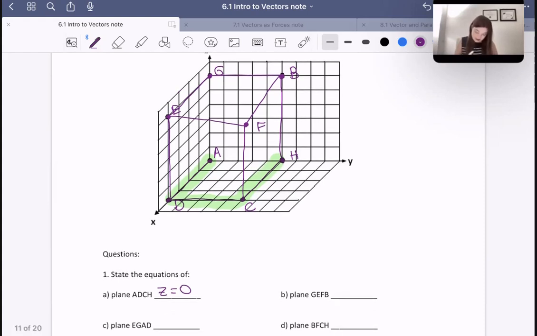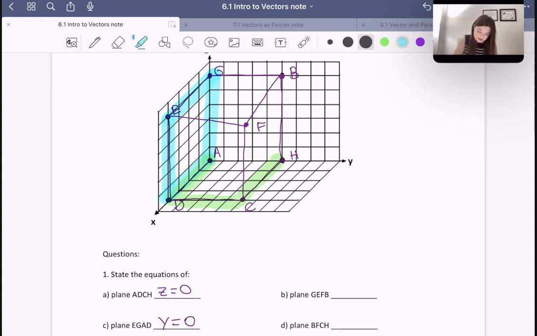Then we have EGAD. Okay, so let's try that one. E, G, A and D. So in this one, we would say y equals 0, right? And why is that? Let's explain why.